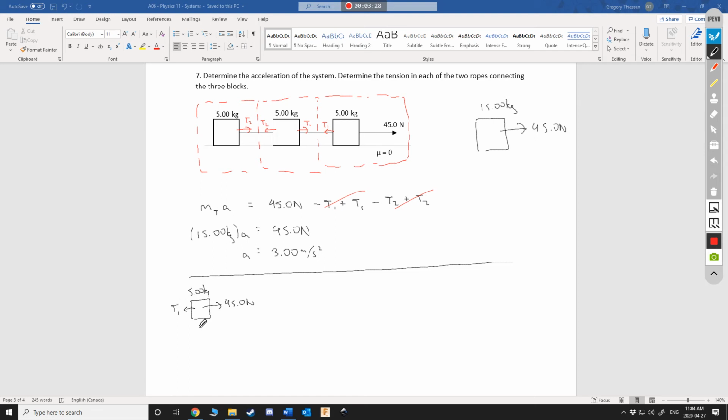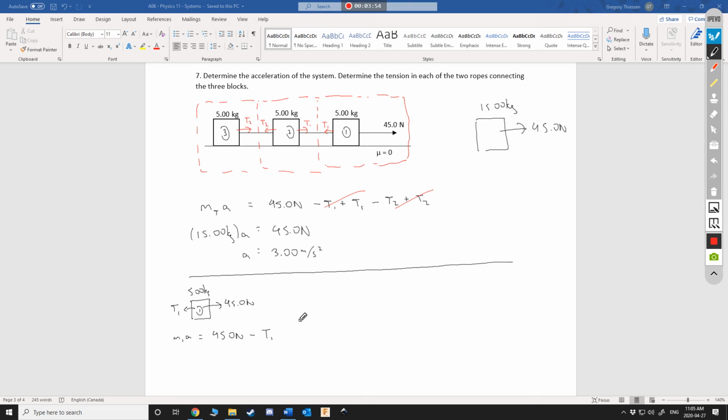So we write it out. If we call this block 1, block 2, and block 3. Here's block 1. So we have mass 1 is being accelerated by 3 meters per second squared. We've solved that already. It's being pulled to the right with 45 newtons, but it's being opposed by this T1, which represents the weight of the other 2 blocks.